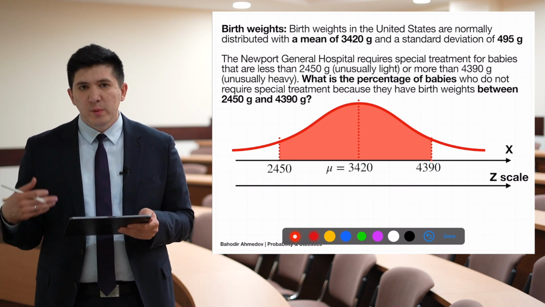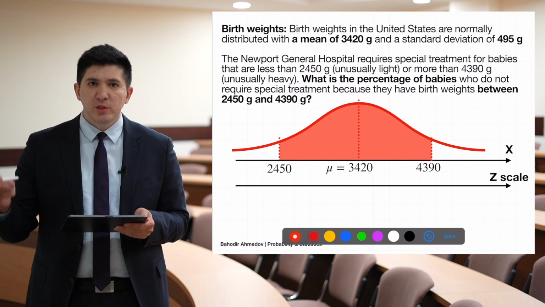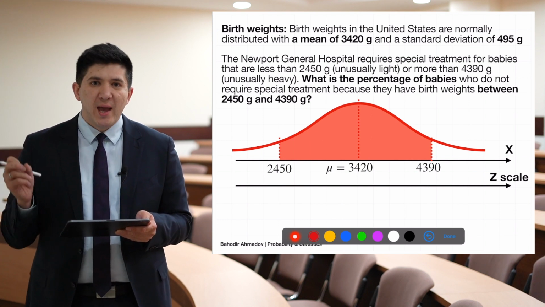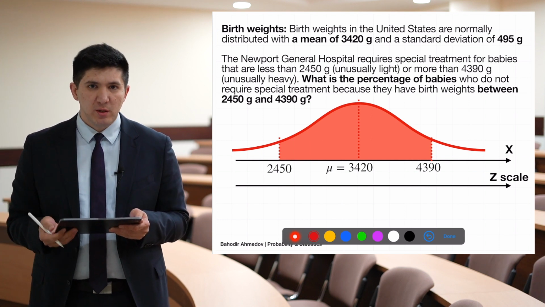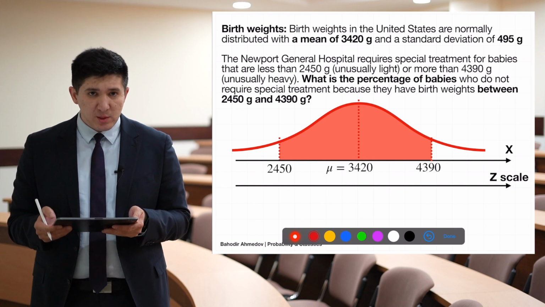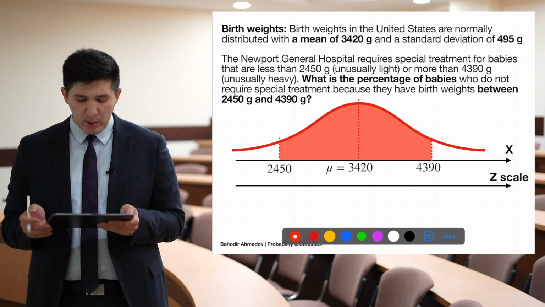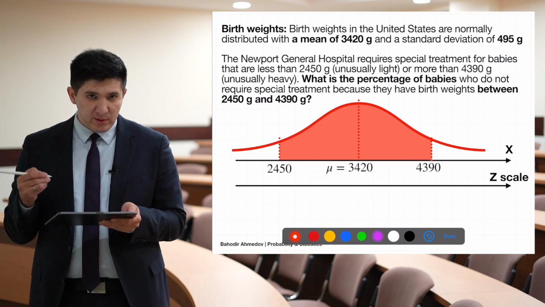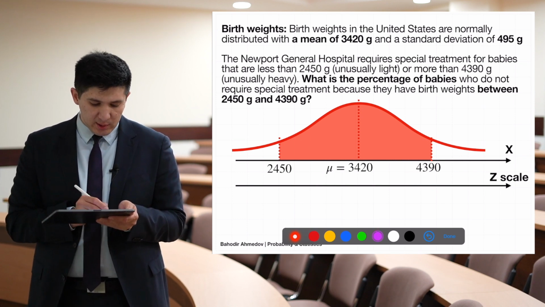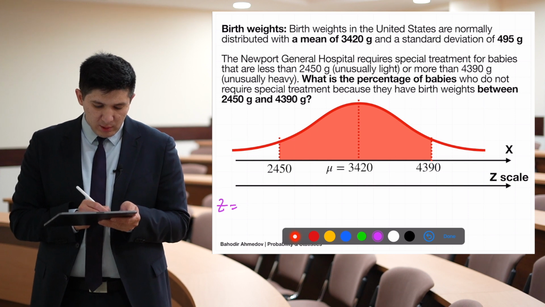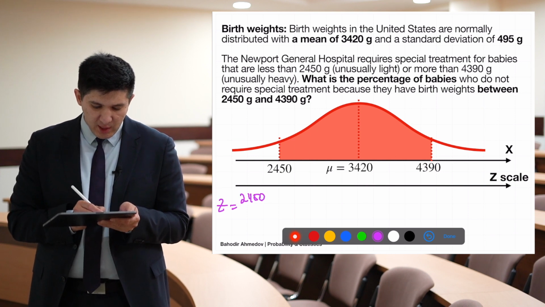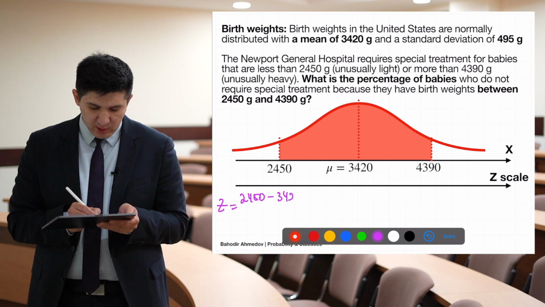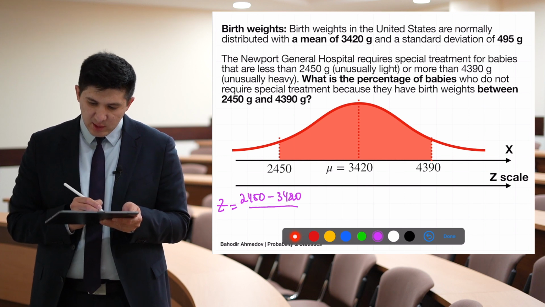So what we need to do is find the probability that a randomly chosen newborn baby has a weight in between these two values. In order to do this, we first have to calculate the z-score for each of these values. So the z-score of 2,450 is going to be 2,450 minus 3,420 divided by the standard deviation, which is 495.